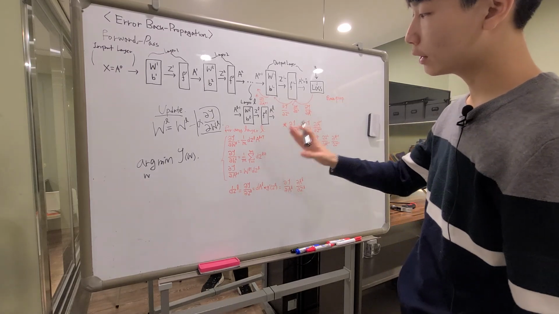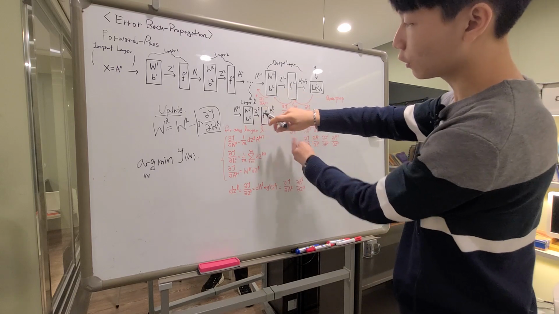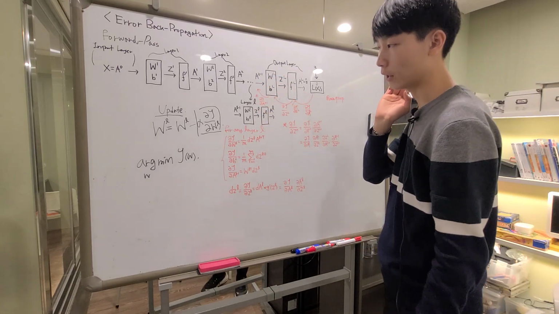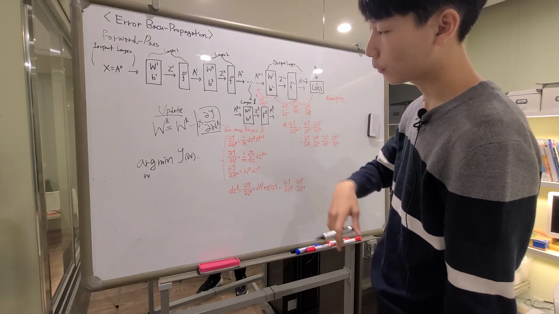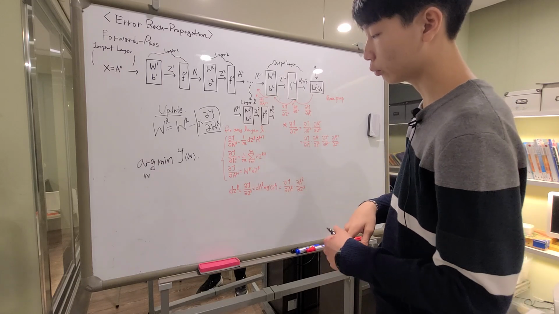For any arbitrary layer L, we calculate the derivative of the cost with respect to WL, BL, and AL minus 1.